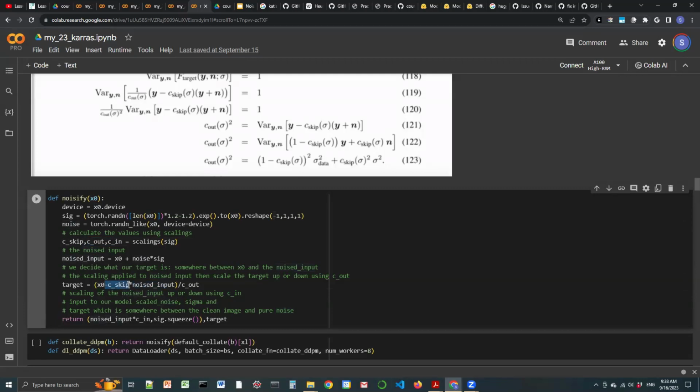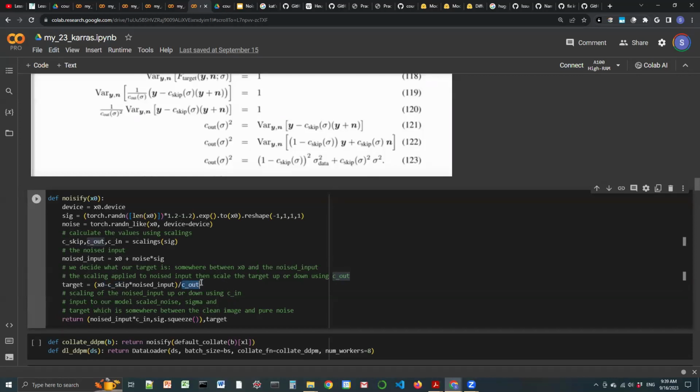We apply the scaling to the noised input. The noised input is x0 plus noise times sigma. We subtract c_skip times the noised input from the clean image, and we divide by c_out. So the scaling is applied to the noised input, and then we scale the target up or down by using c_out.